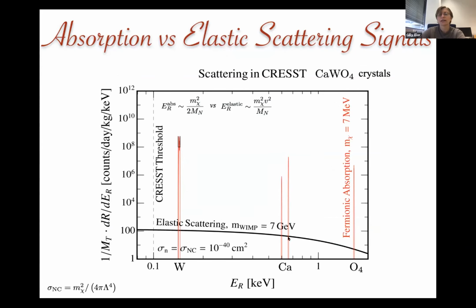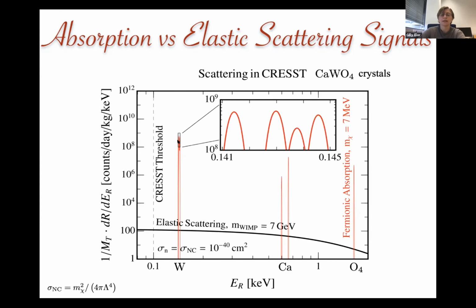And these red lines are the signals from the absorption, corresponding to these different target materials within this molecule. Furthermore, if we zoom in on this tungsten peak right here, you can actually see the different isotopes of tungsten in here, okay?